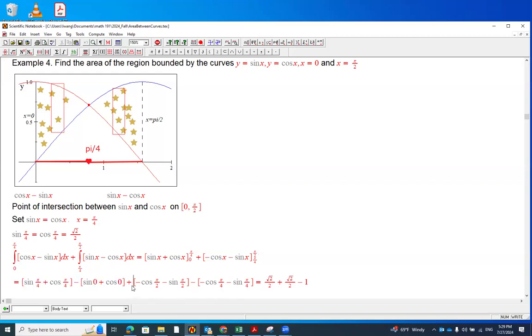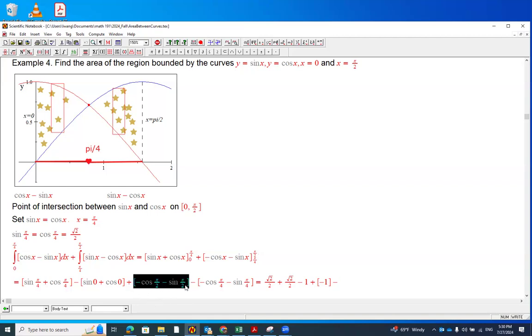And the next part, right? So we got a negative cosine pi over 2. Cosine pi over 2 is 0. Sine pi over 2 is 1. So we got plus on the first bracket, it's minus 1. Subtracting the second bracket.